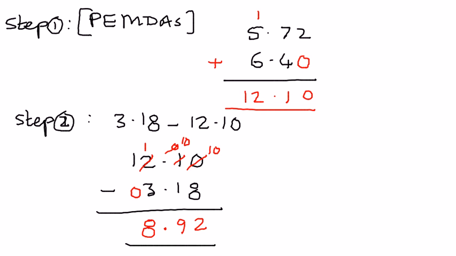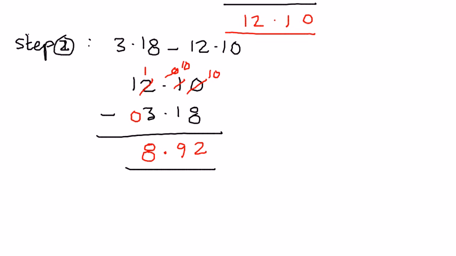Since 3.18 was a lesser positive value when compared to 12.12, which is a negative value, the answer is going to be a negative value. Therefore in step 3 we can write the answer as negative 8.94.